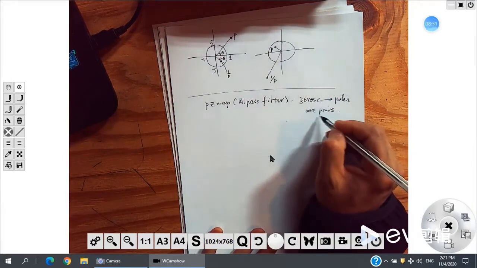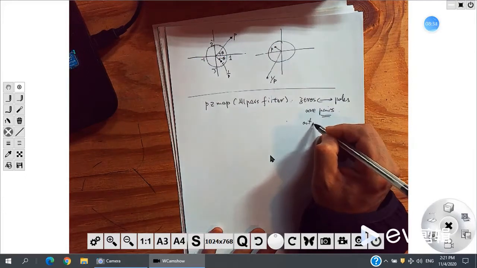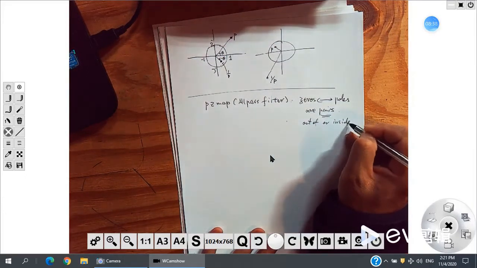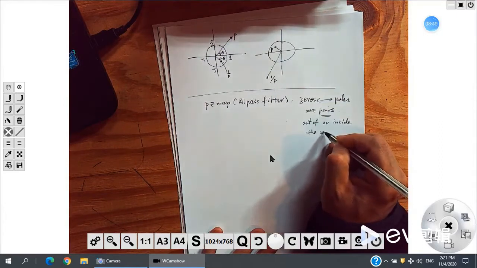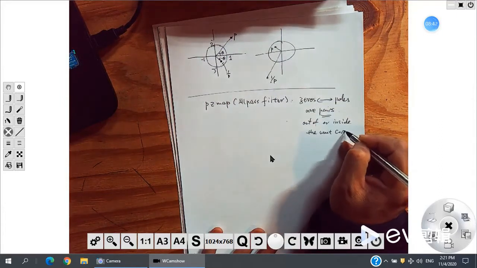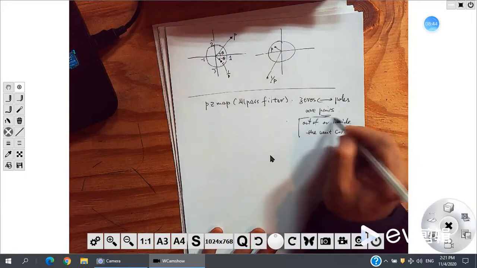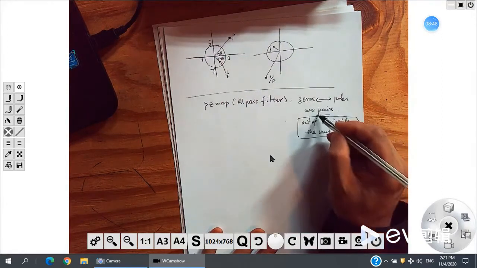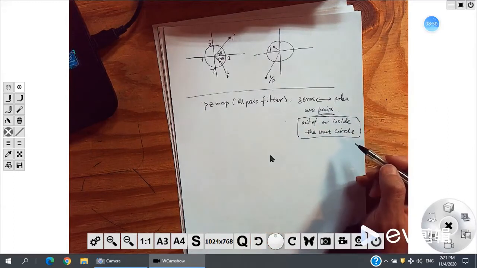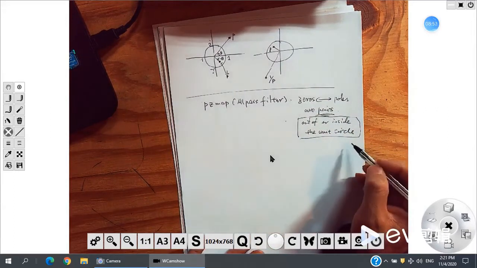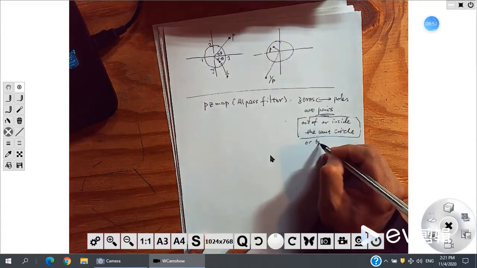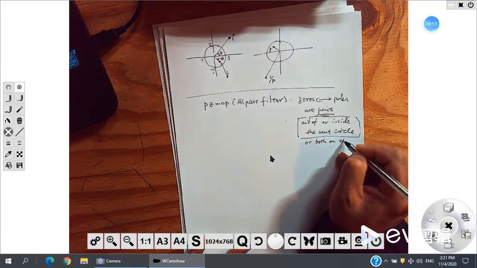The pairs means one outside or inside the unit circle. Right, the kind of symmetrical pairs, not exactly symmetrical, things like that. Or maybe both on the unit circle.